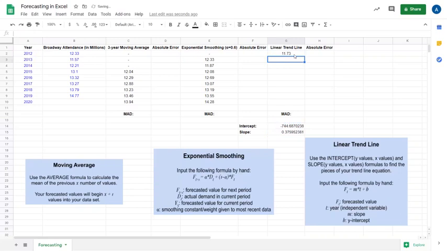Then I can hit enter, and because I put those dollar signs, I can just drag this right down the column. Without those dollar signs, you wouldn't be able to copy that formula nearly as easily. Great, and so we find that, if this were an accurate forecast, we would expect 14.74 million people to attend Broadway shows this year.